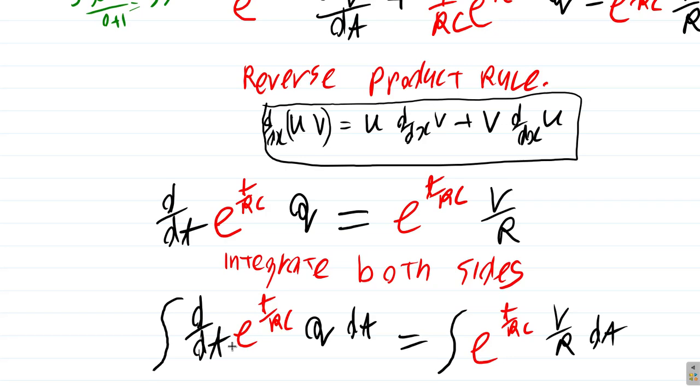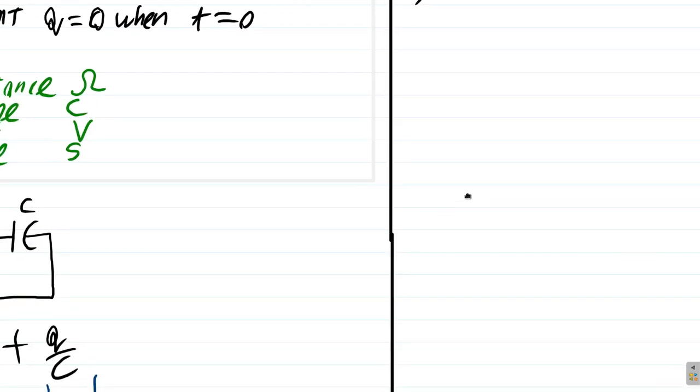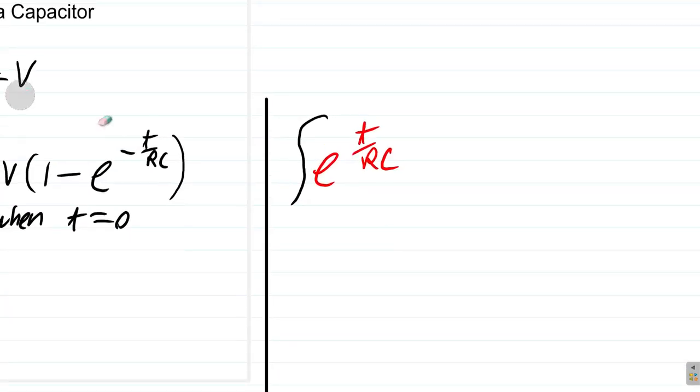You see that? Alright, so you're integrating d by dt of q e to the t over rc. Alright, let's write it like that. So you're finding the integral of q times e to the t over rc.